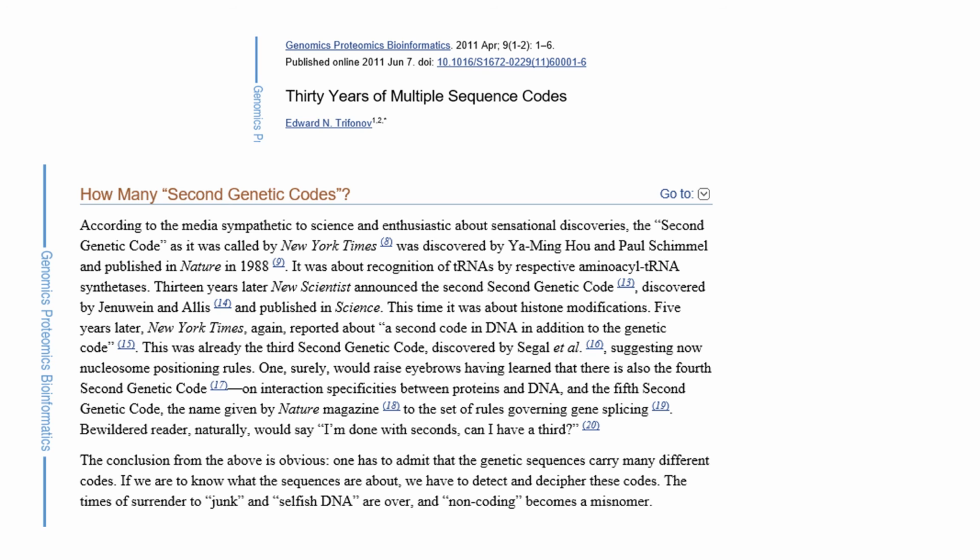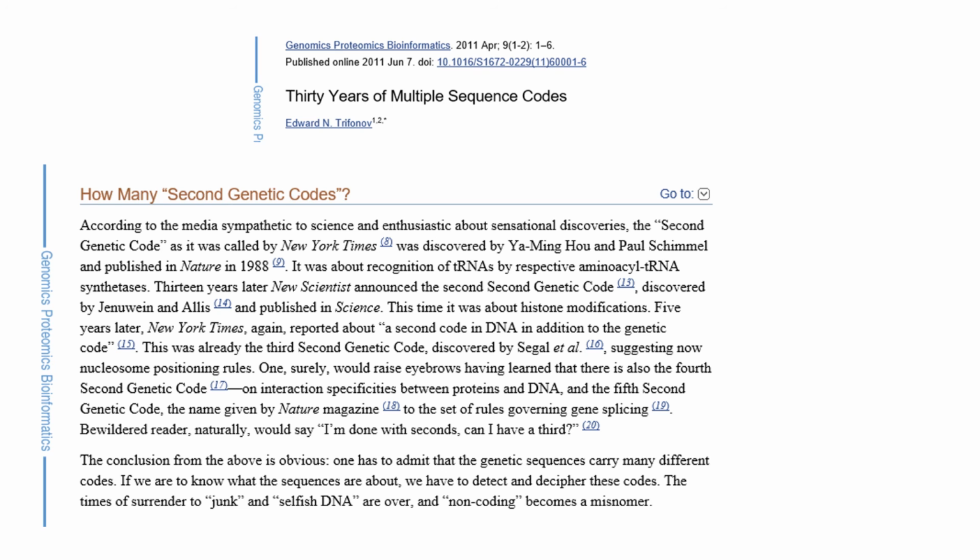And one surely would raise eyebrows having learned that there's also the fourth second genetic code on interaction specificities between proteins and DNA, and the fifth second genetic code, the name given by Nature magazine to the set of rules governing gene splicing. Bewildered reader naturally would say, I'm done with seconds, can I have a third?